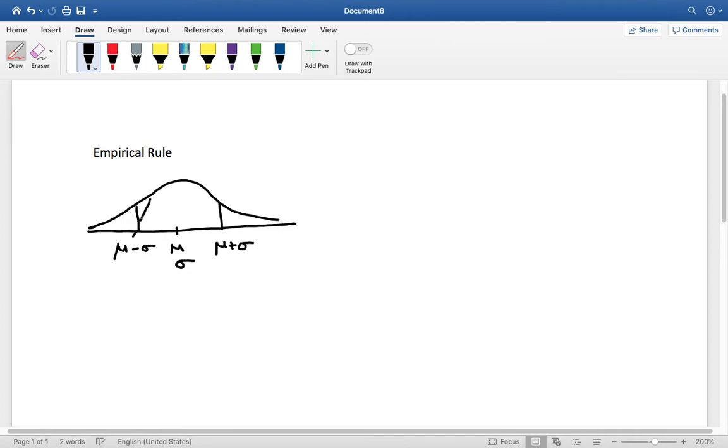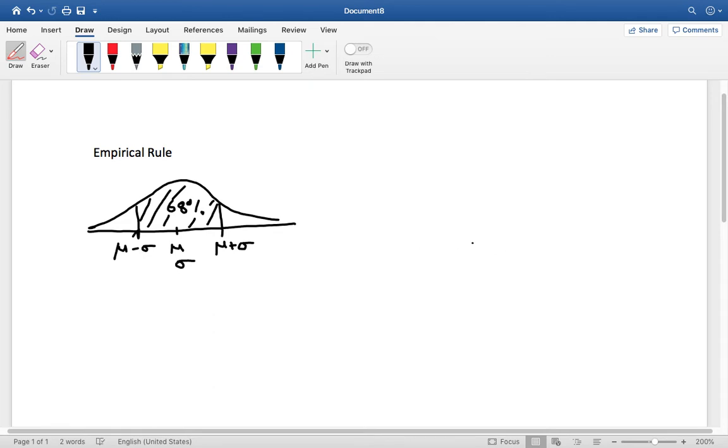In this resulting range, according to the rule, you're going to see approximately 68% of the observations. So if I'm looking at students taking exams, 68% of the students' scores will be between this point here and this point here.